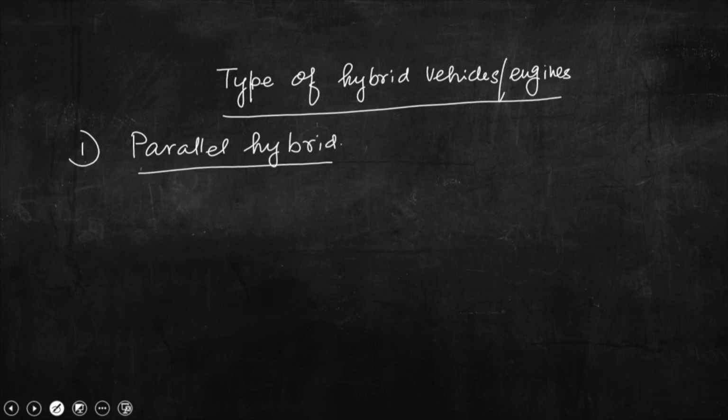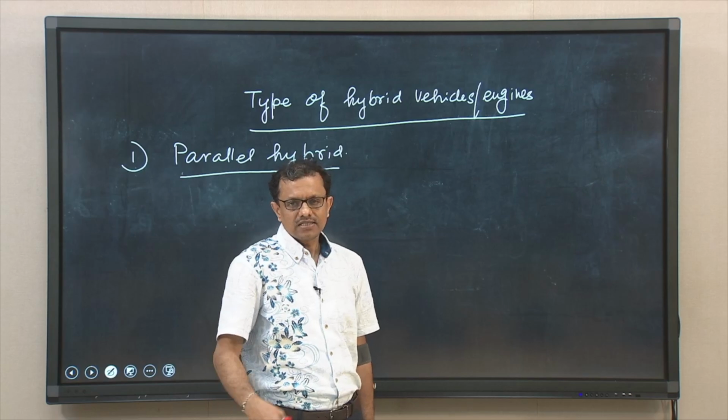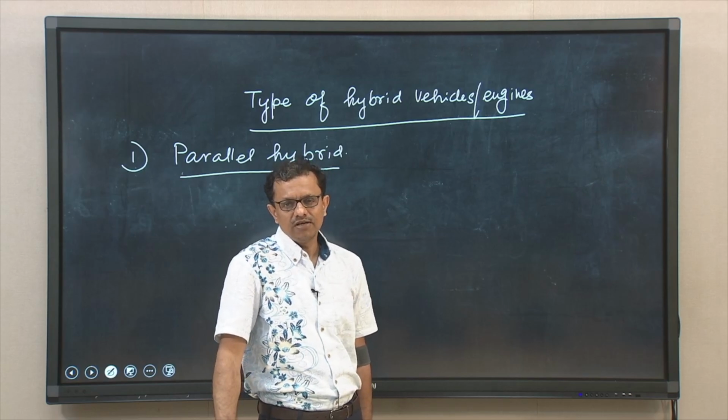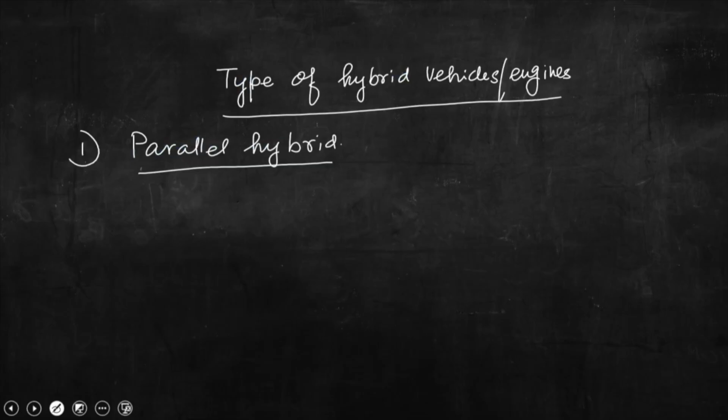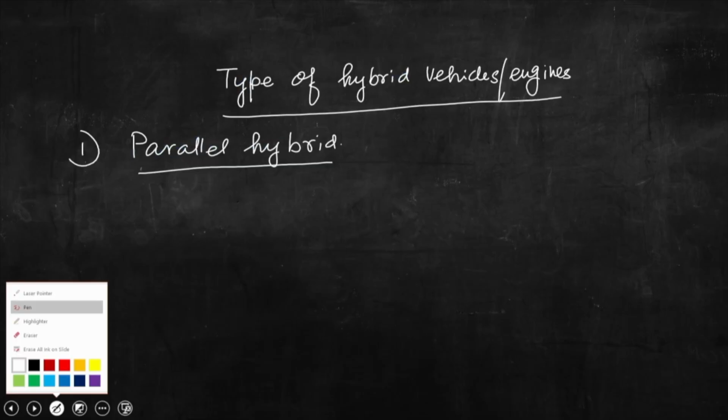What is parallel hybrid? This type is the most common type used typically in automobiles. So, let me write here what is parallel hybrid.